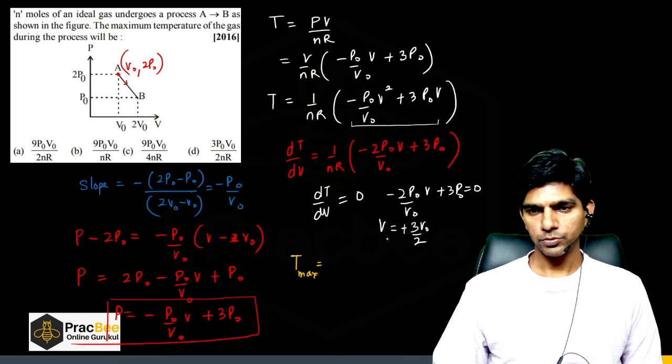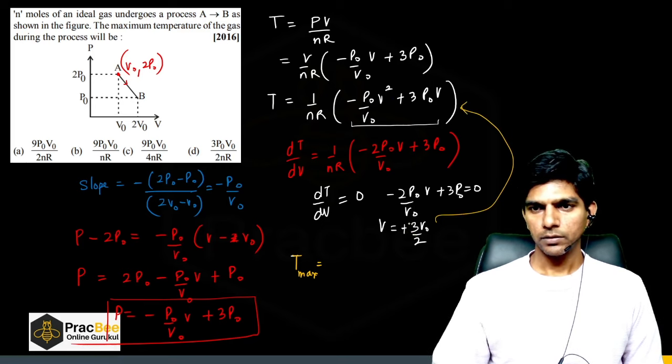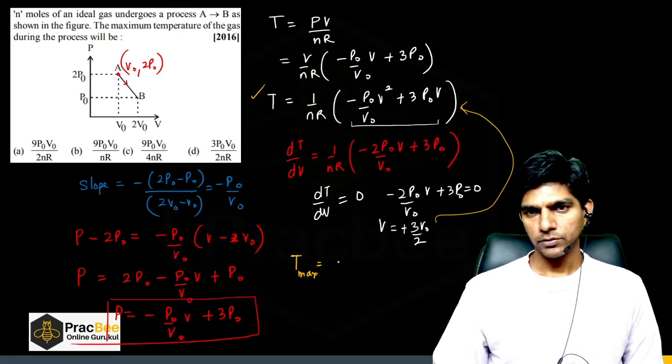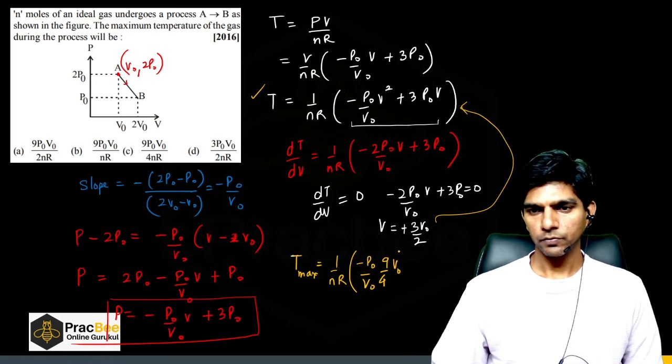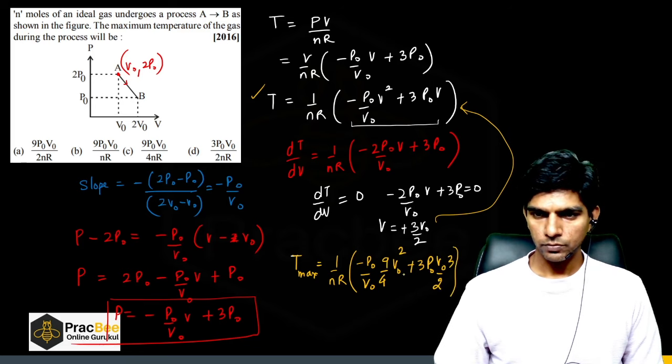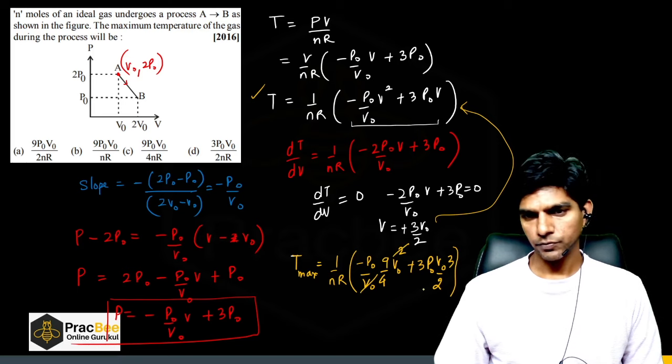So the maximum temperature will be, now let us put the value of V as 3 V naught by 2 in the temperature formula. So it will be 1 by nR times minus P naught by V naught times 9 by 4 V naught square plus 3 P naught times V naught by 2 times 3. So 1 V naught will get cancelled out from the first term.